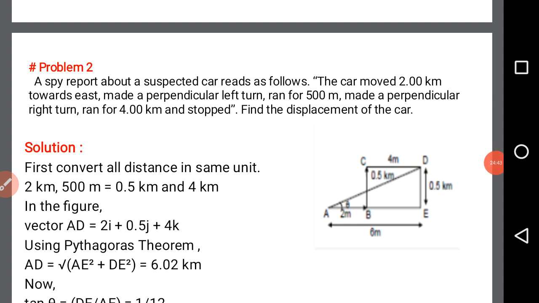Next problem. A spy reported about a suspected car. It reads as follows: the car moved 2 kilometers towards east, made a perpendicular left turn, ran for 500 meters, made a perpendicular right turn, ran 4 kilometers and stopped. Find the displacement of the car.